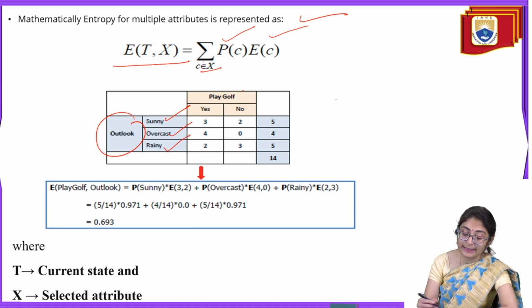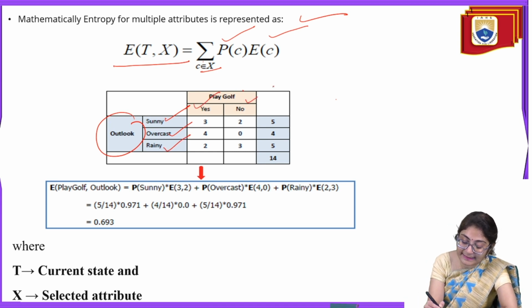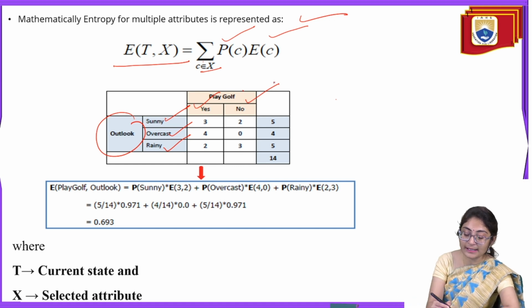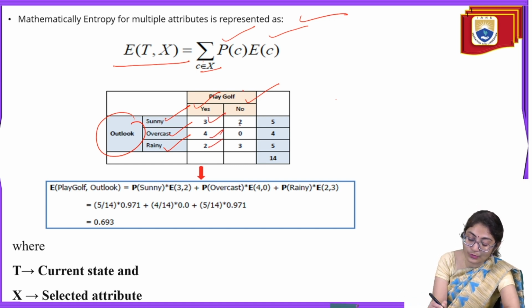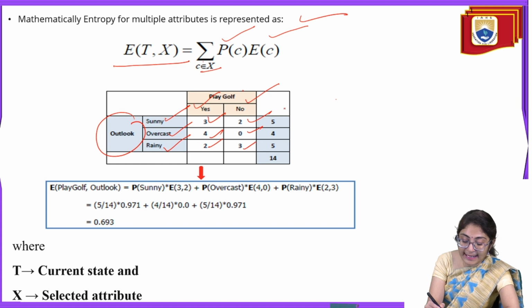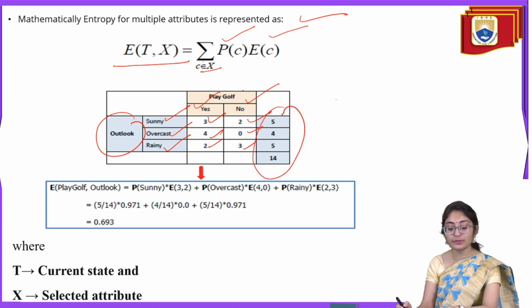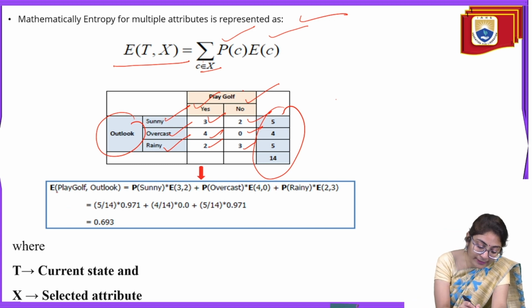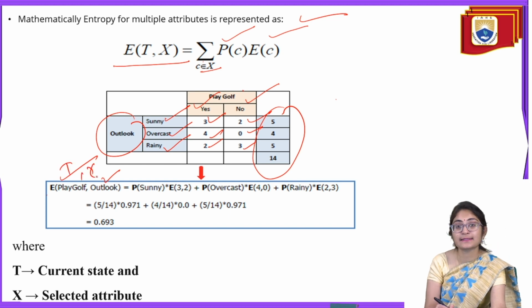And play golf has two values again, yes and no. Then there are some values 3, 4, 2, 2, 0, 3 and then the totals for outlook. That means we have to find out E of play golf and outlook, that means E of T, X.